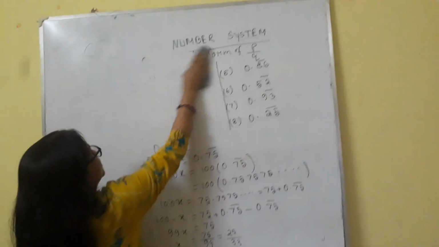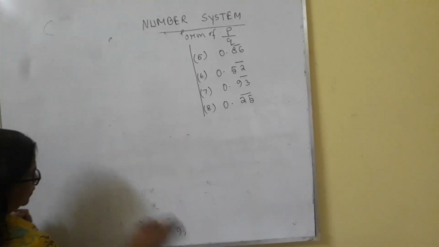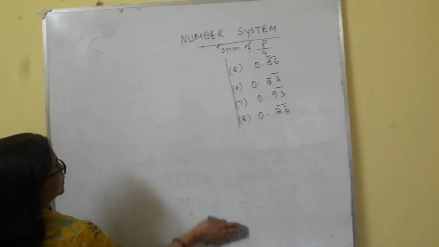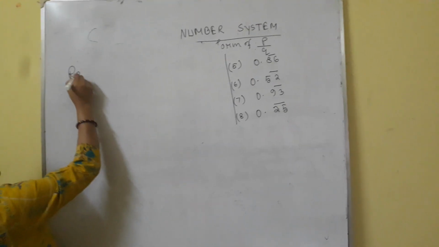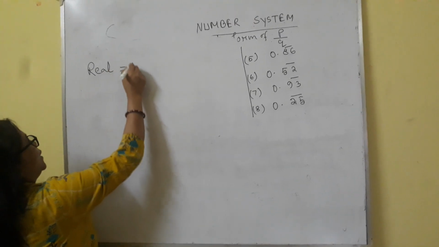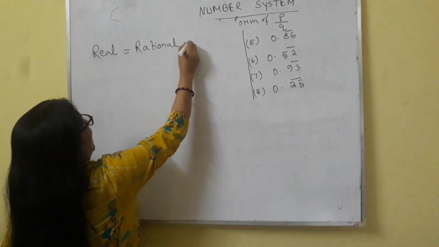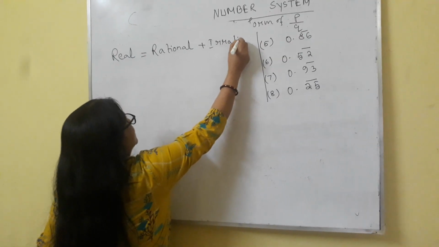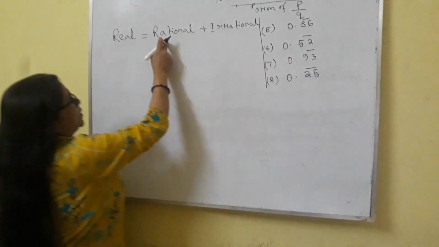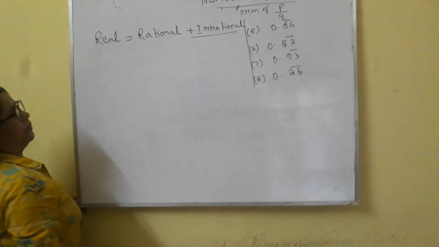Real numbers are a combination of rational numbers and irrational numbers. Now we have discussed rational numbers. Now let's start with irrational numbers.